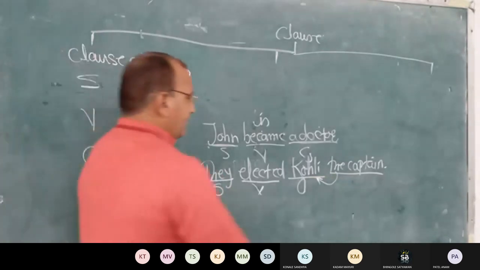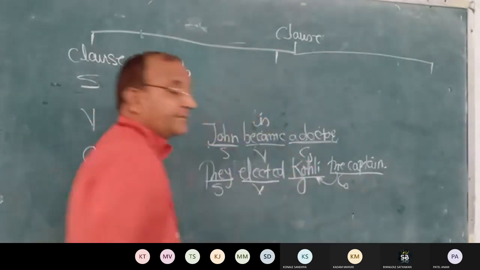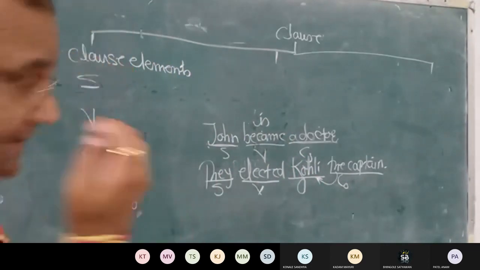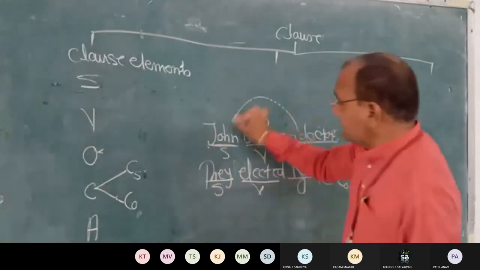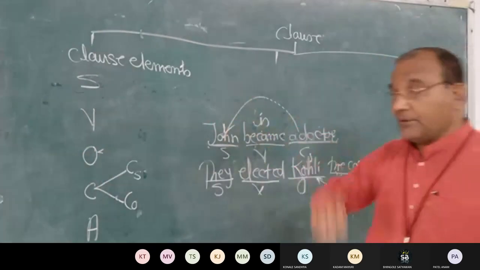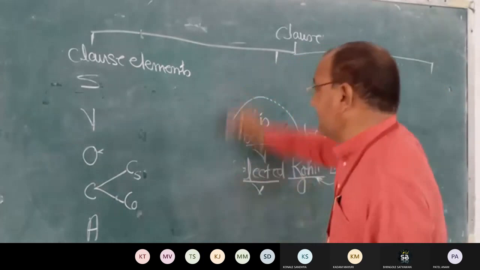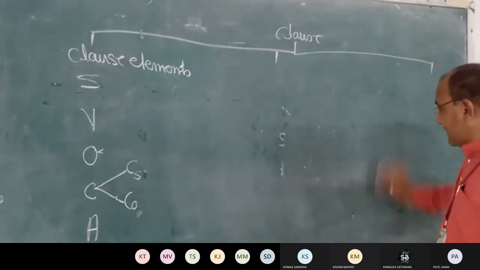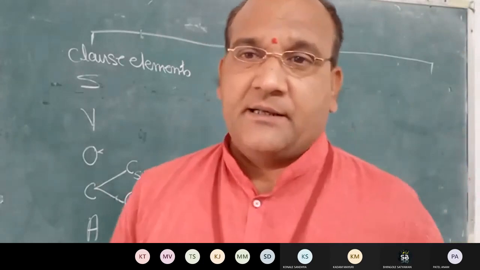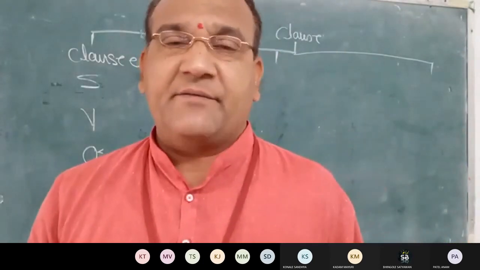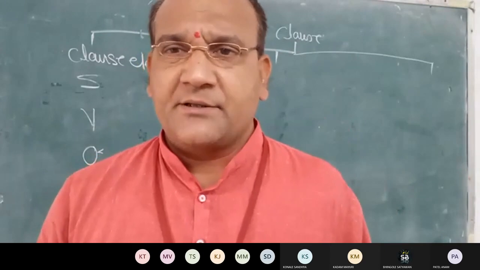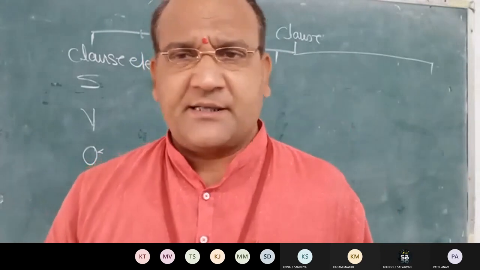Identical reference, so it's a complement to object. Got it? So complement is the one which relates either to subject or to object. Now adverbial or adjunct, a better way you call it. Adverbials or adjuncts provide some circumstantial information regarding maybe time, place, duration, direction, position, etc.